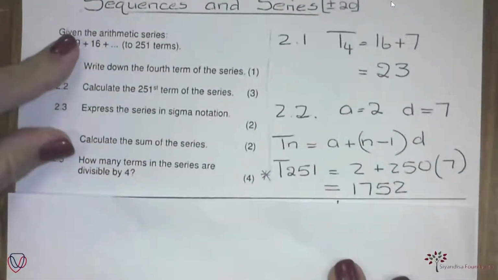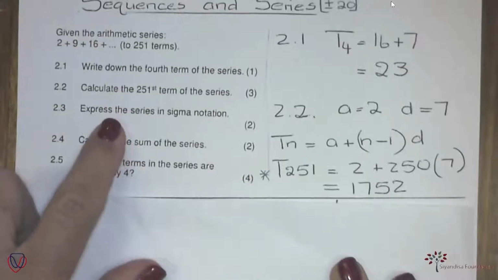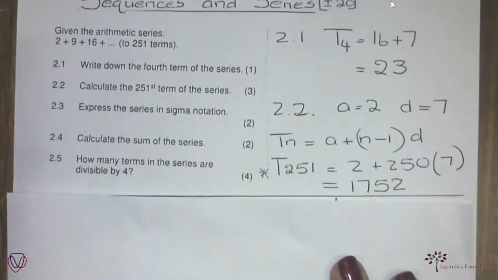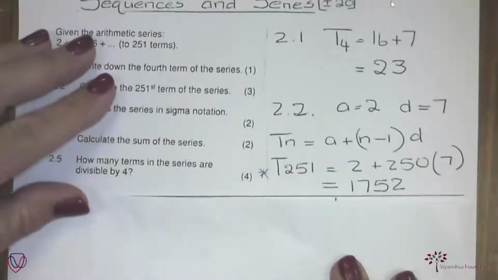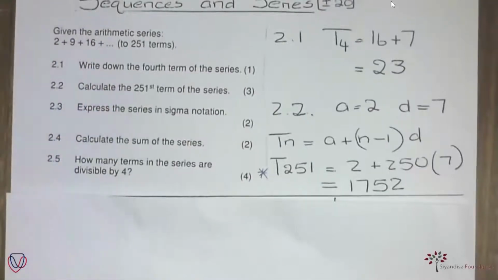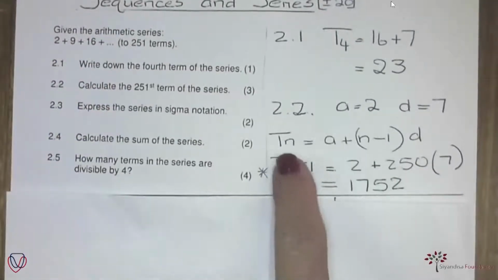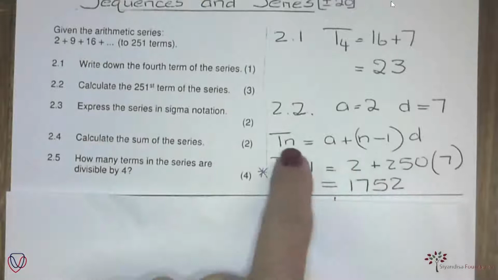Okay. Then the next question. Express the series in sigma notation. Now, people, sigma notation is not difficult. Everybody thinks it's difficult to write a series into sigma notation. You only find the nth term in terms of n. So you take that and you simplify that.